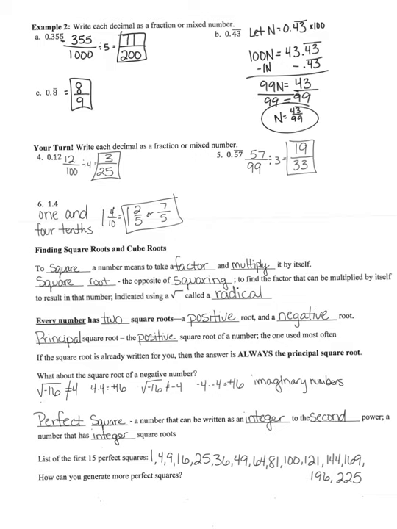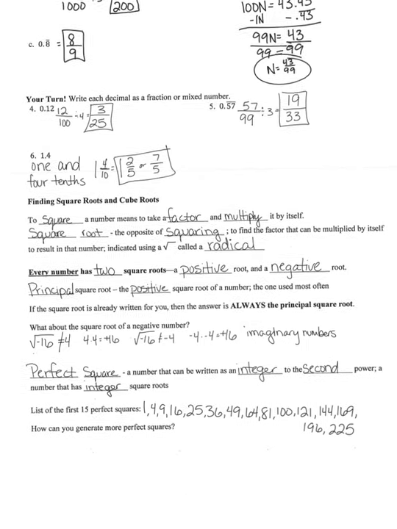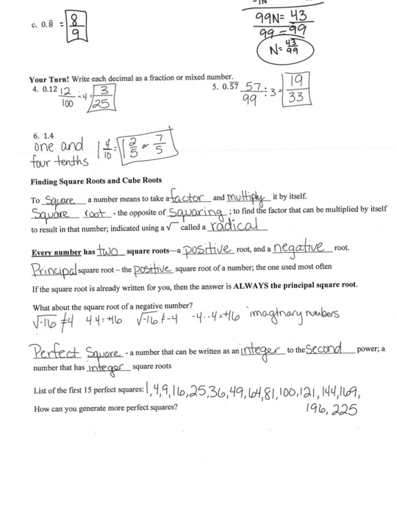So knowing that 225 is 15 times 15, can you add to my list and generate more perfect squares? I'd like you to see if you can add to my list. How can you generate more perfect squares, to put it in word form? You can just take any integer and multiply it by itself.